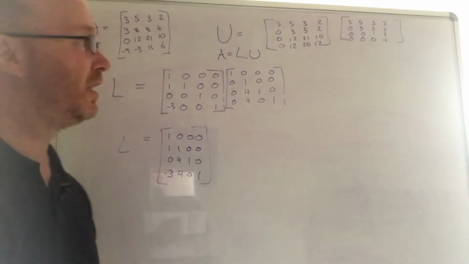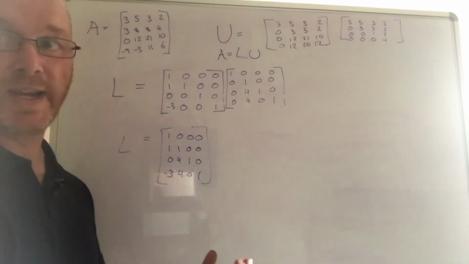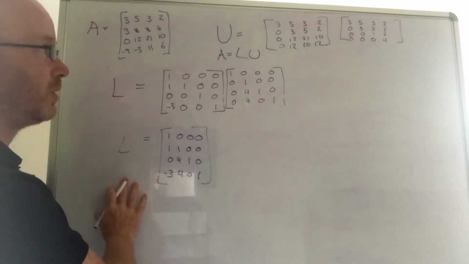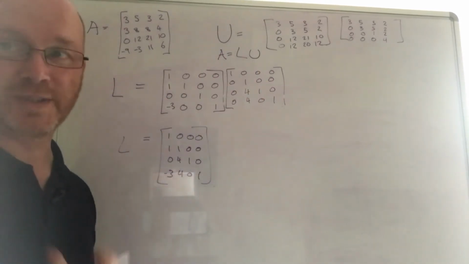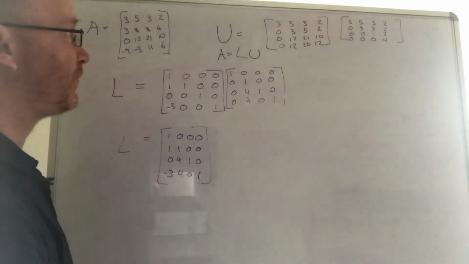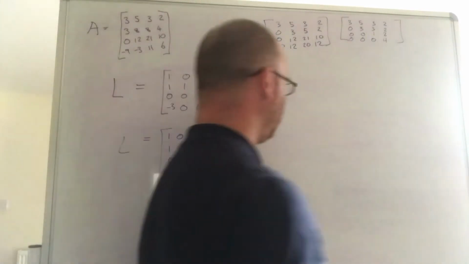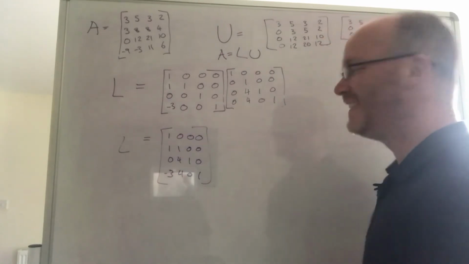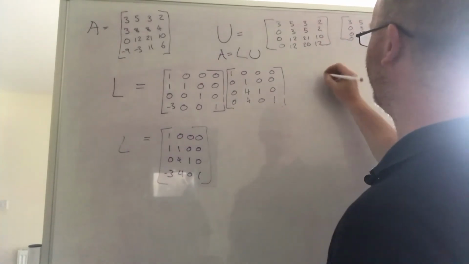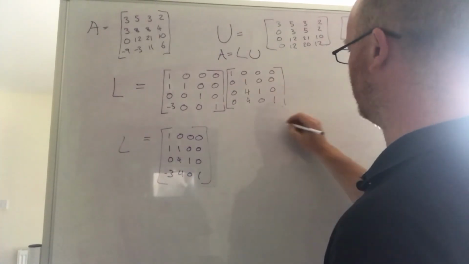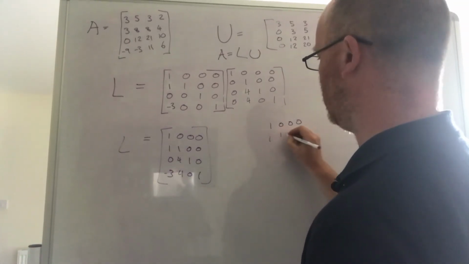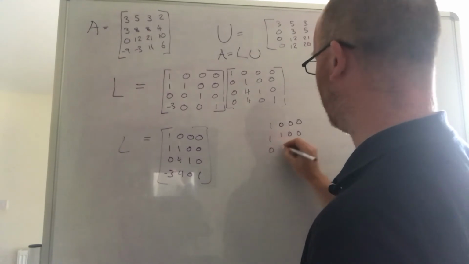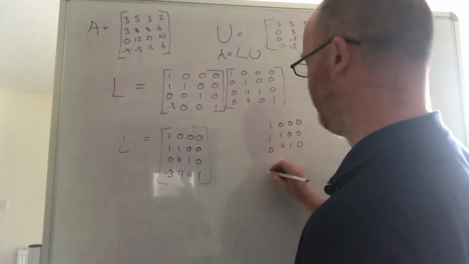How exciting. Now what we can do is check that we've got the correct value for the lower matrix and the correct value for the upper matrix by taking the product of the two matrices. So let's go ahead and do that then. The lower matrix is 1 0. We're just going to take a copy of it just in case we go wrong anywhere, which has happened in the past many times.